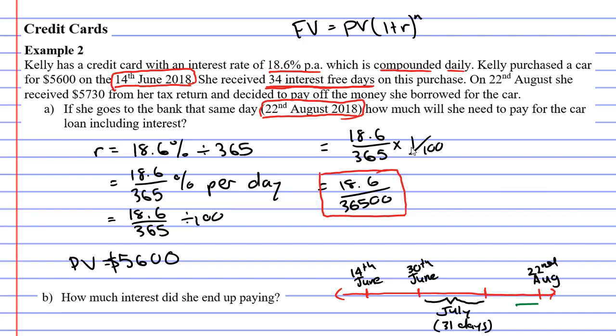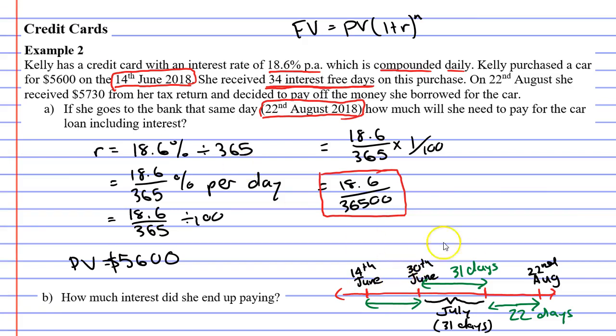There's this section here, there's this section in the middle, and then the section at the start, which I'll put down below where I've got more space. So for the section at the end, that's 22 days, because that goes from the 1st to the 22nd of August. The section in the middle represents July, which is 31 days. And then the section on the left represents our time period in June.